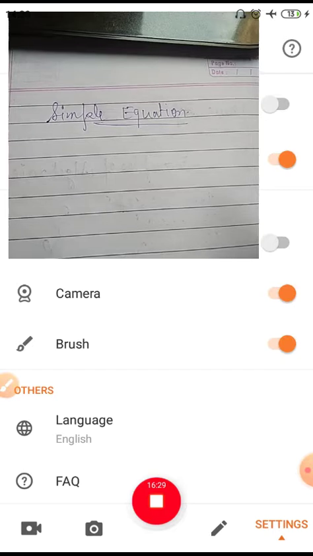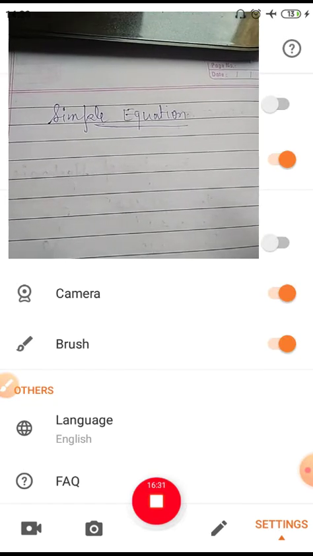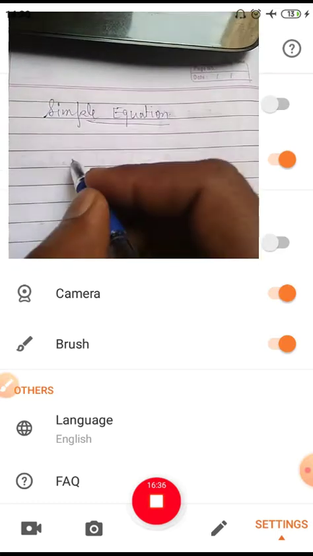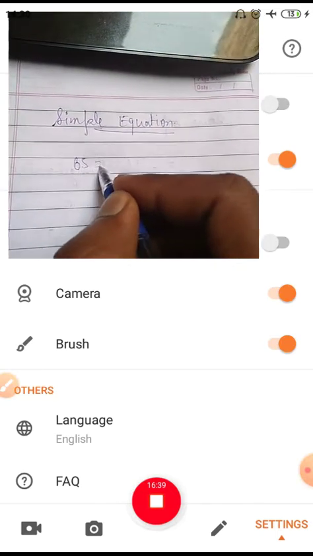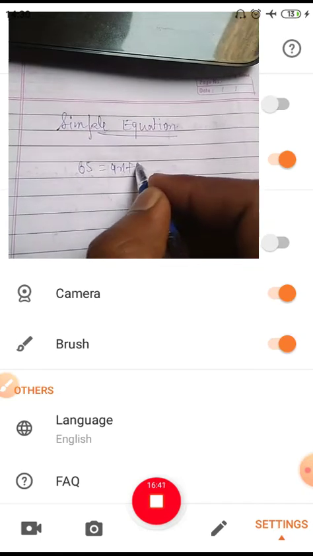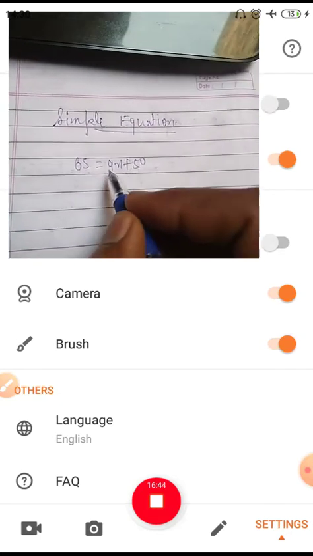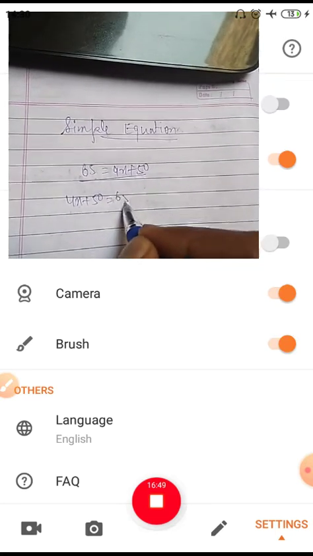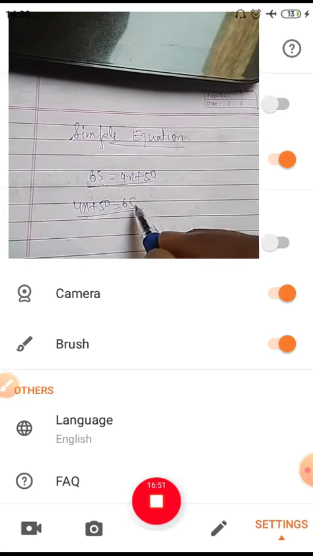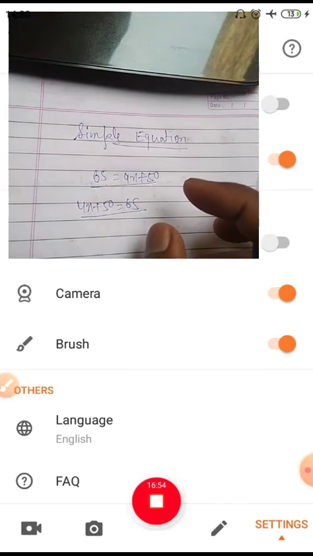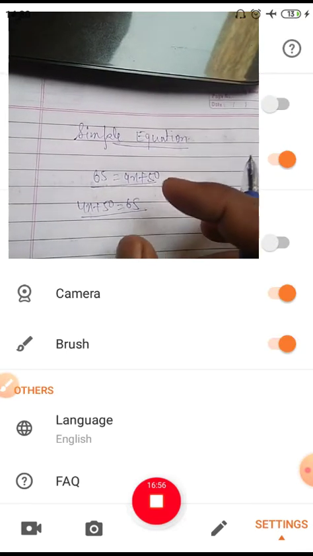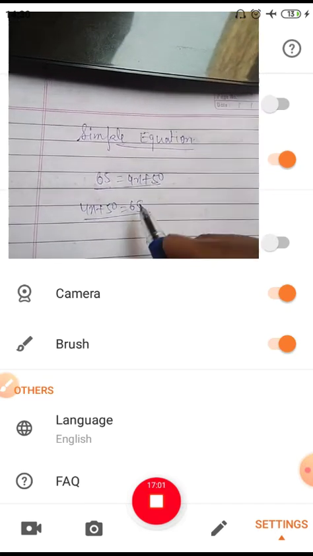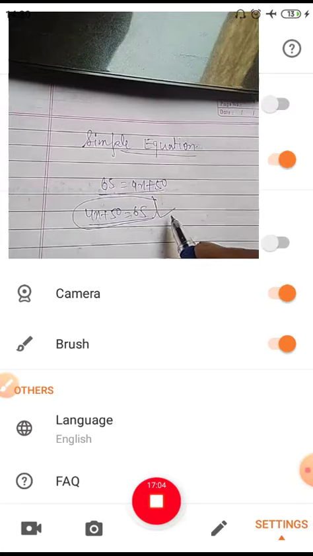We also note a simple and useful property of equation. The equation 65 is equal to 4x plus 50 can be written in another way, 4x plus 50 is equal to 65. If you interchange the expressions on the left and right, the equation remains the same.